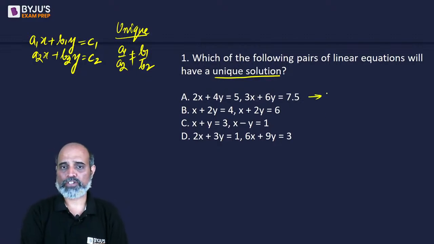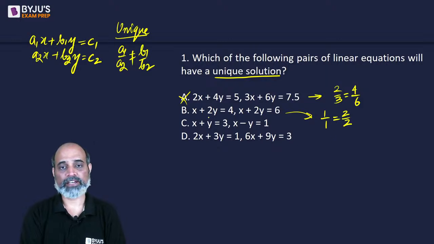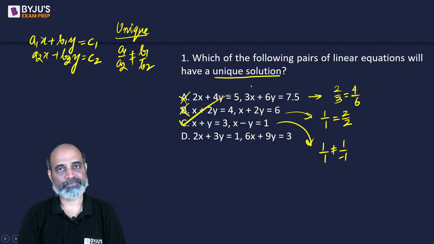If you look at the first option, we have 2 by 3 and 4 by 6. They both are equal, so it will not have a unique solution. If you look at the next one, we have 1 by 1 and then we have 2 by 2. Again, they are equal, so this won't be the answer. If you look at third, 1 by 1 and 1 by minus 1, they are not the same, so C will be our answer. Very simple, very straightforward.